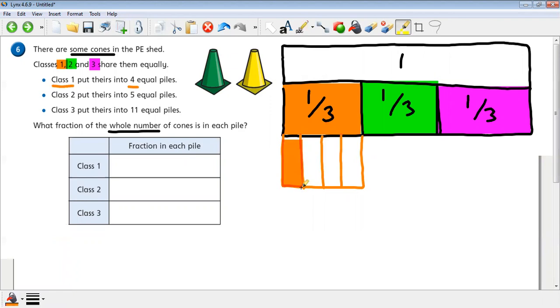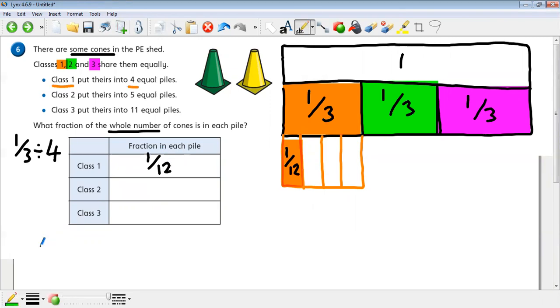So what I've basically got is a third, and it's been split, which we know is division, into 4. And because we've been doing dividing fractions, we know what to do. So if I split that down, it will become 1/12.